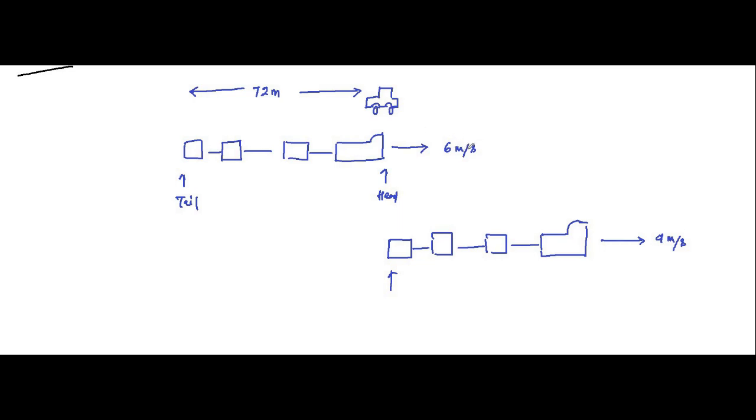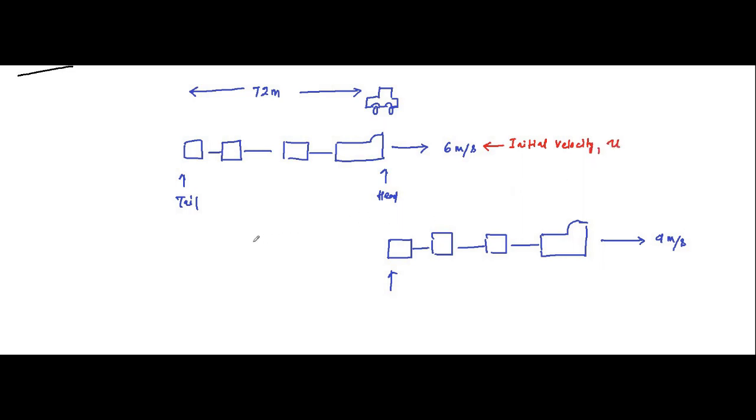This 6 meter per second is when the engine or the starting end of the train is approaching or has just passed the car, that is the initial velocity u.